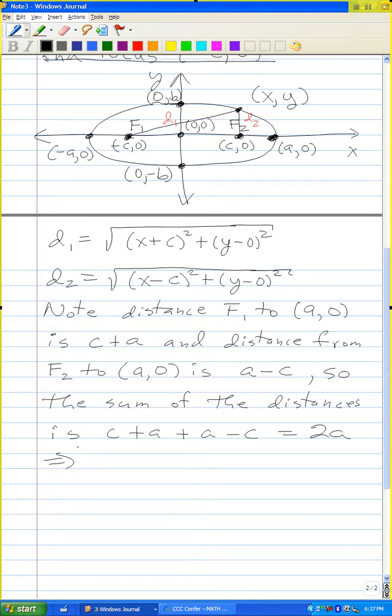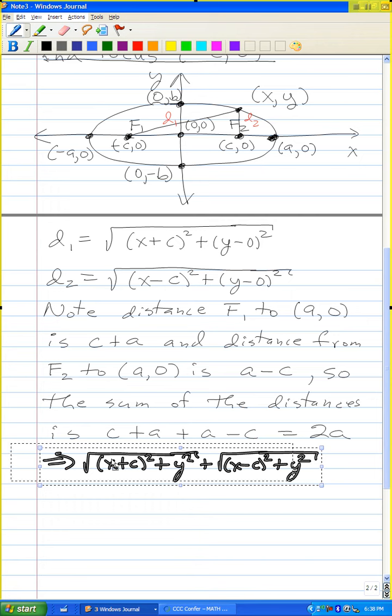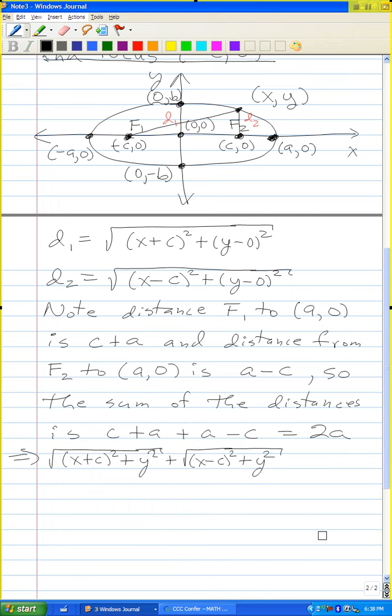Since for any point along this ellipse, the sum of the distances must be the same, then I must have that the square root of (x plus c) squared plus (y minus 0) squared, which is just y squared, plus the square root of (x minus c) squared plus (y minus 0) squared, which is y squared, is 2a.